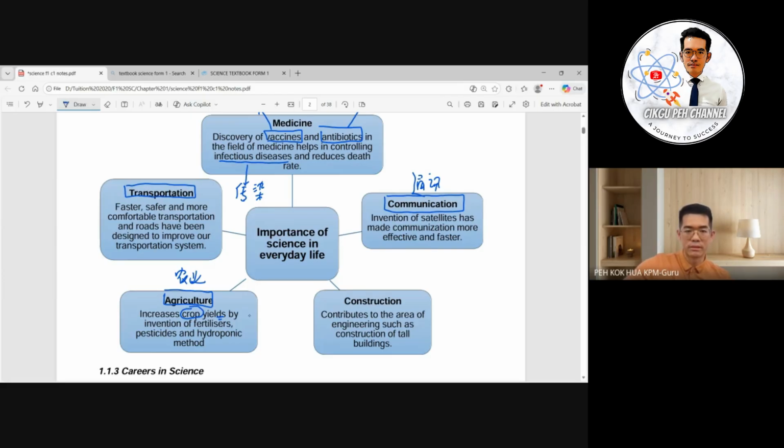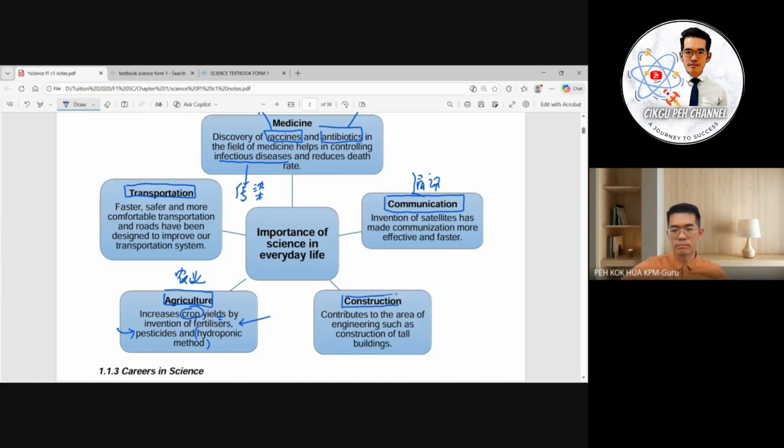Because we apply fertilizers. Fertilizer 是肥料, pesticide 杀虫剂, hydroponic method. Okay, so hydroponic method is a method for planting the agriculture crop through water. 水耕种植法。你听过吗？OK, 水耕种植法叫做 hydroponic method.